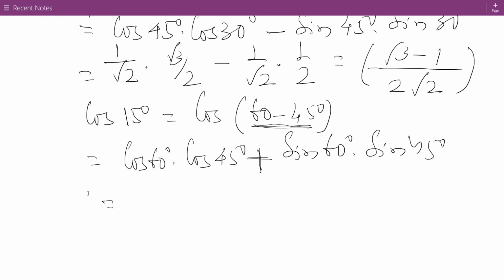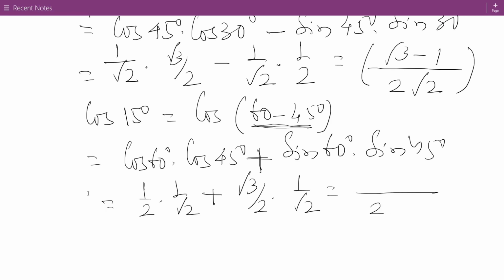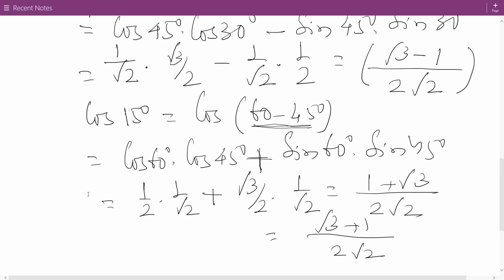Sin 30 is half, cos 60 also half, cos 45 1 by root 2 plus sin 60 root 3 by 2, sin 45 1 by root 2, that is 2 root 2 with LCM 1 plus root 3. Now you observe the value root 3 plus 1 by 2 root 2.